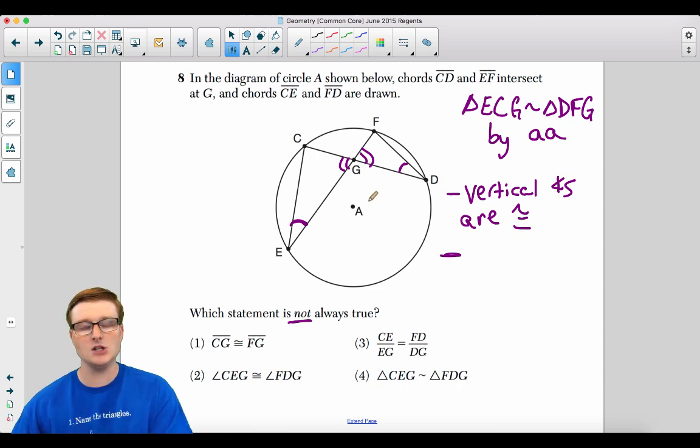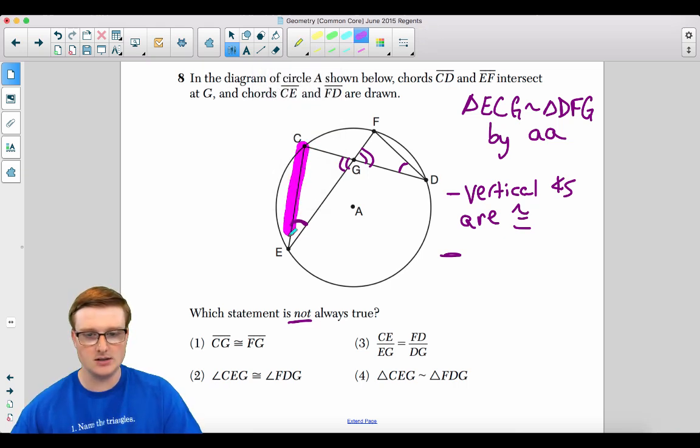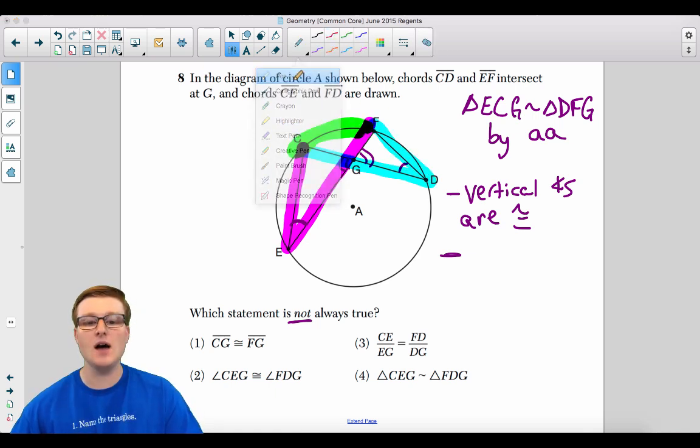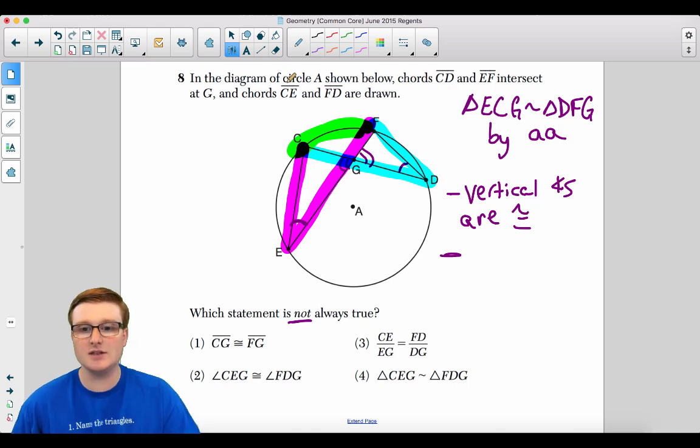Inscribed angles are 1/2 the arc they intercept. So notice here, ladies and gents, that they both intersect the same exact arc, arc CF. If you have two inscribed angles that intersect the same arc, those two angles are congruent. So that's another theorem that you should know.